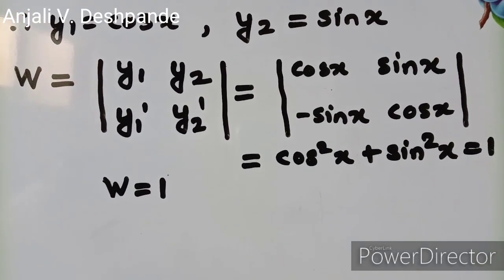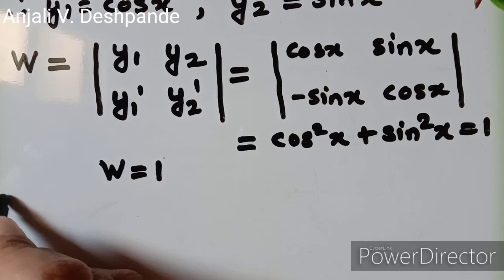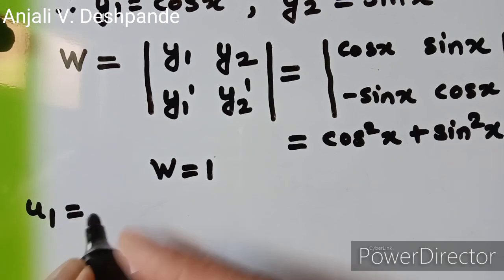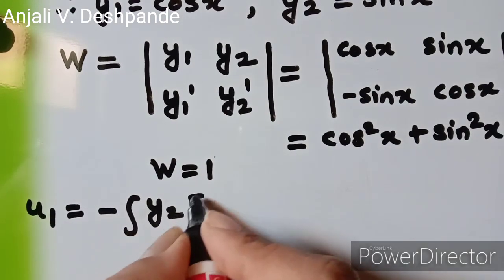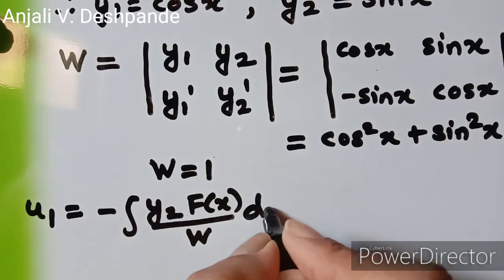Now we are going to calculate the values of u1 and u2. So u1 equals minus integration y2 f(x) divided by W dx.